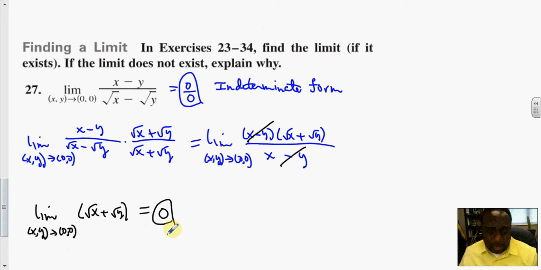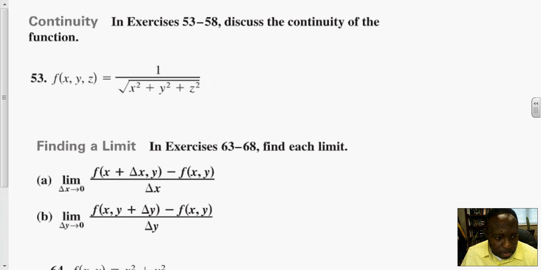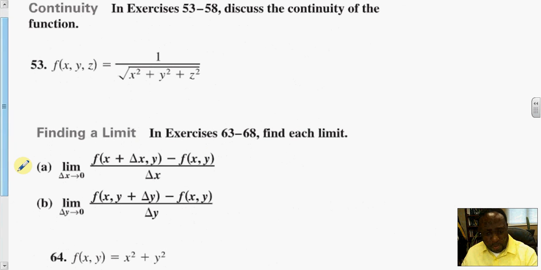And so the limit there is 0. And then lastly, as we get closer and closer to the next section, that is this problem down here, 64, we talk about the definition for partial derivatives.